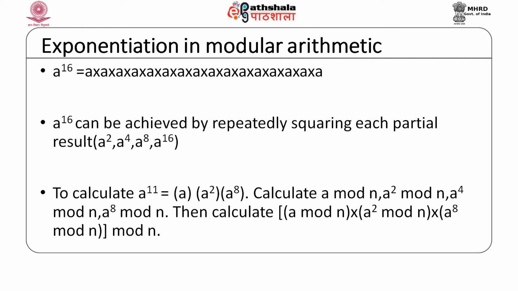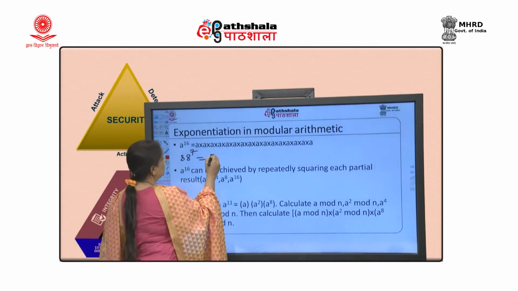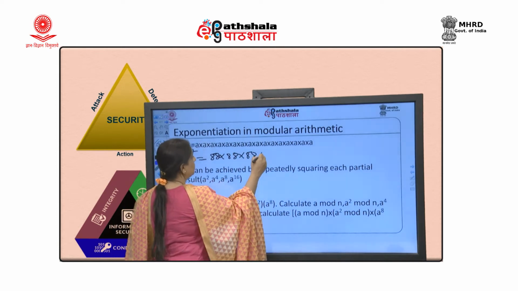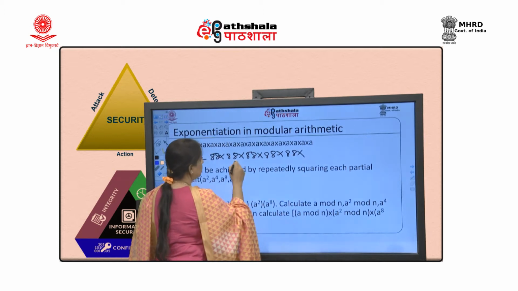For that, going to the small arithmetic, how do you compute a raised to 16? a multiplied 16 times. So, if I continue with my previous example, if I want to compute 88 raised to 7, I need to multiply 88 by 7 times.